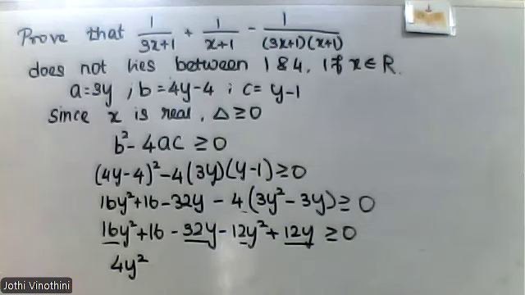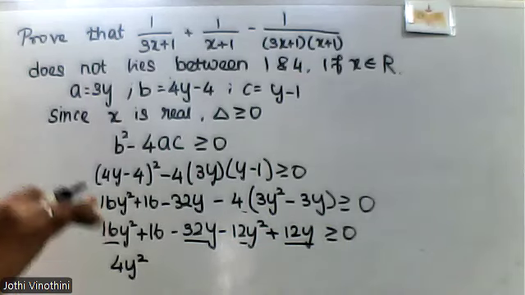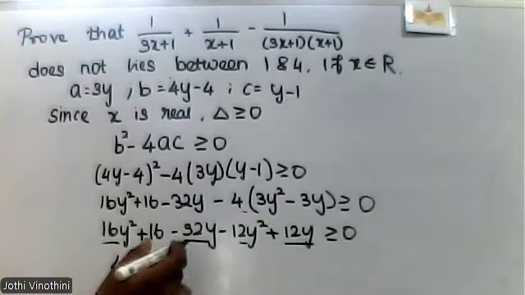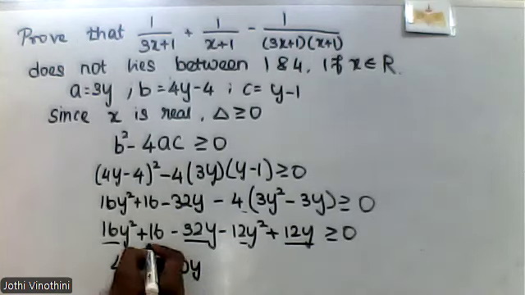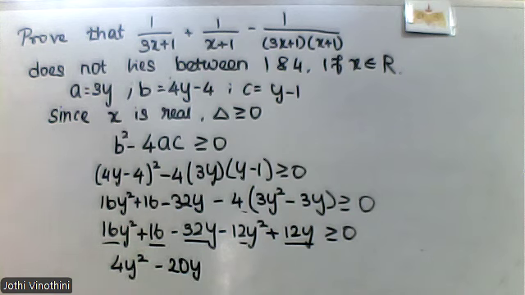Minus 32 plus 12, what do we get? Minus 20. So minus 20y. Who is left out? That's the constant, which is plus 16. So I can write plus 16 greater than or equal to 0.